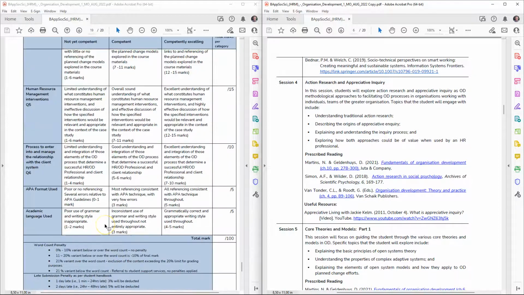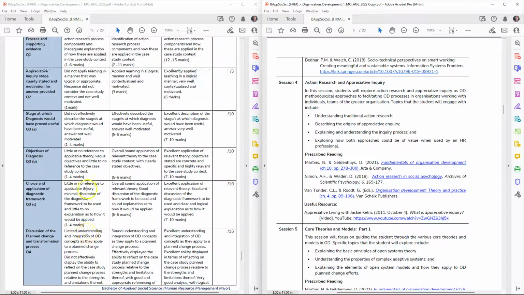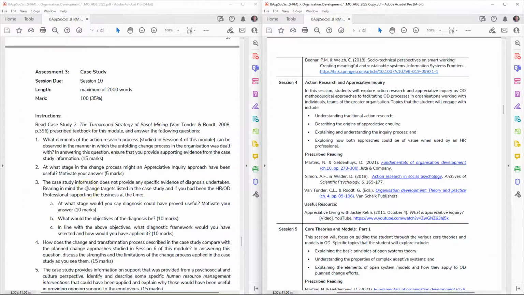I think there's 10 marks for APA format and academic usage. So for a little bit of quick maths, 15 marks would be 15 divided by 90 times 2,000, which will give you the allocation for this question, and so on and so forth.